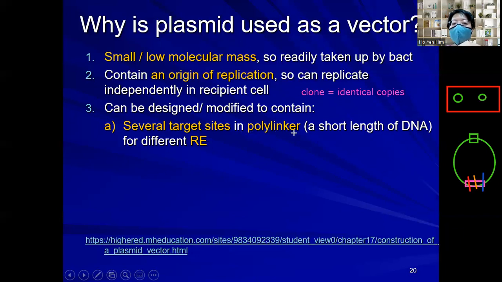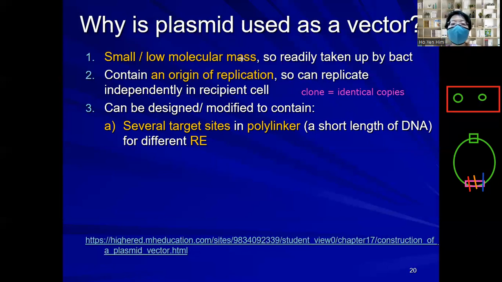Now, linker DNA stands for DNA that is non-coding. Non-coding means got gene or no gene? No gene, right? Okay, so non-coding means they don't have a gene. But in this case, they have target sites for restriction enzymes. So after I add in the polylinker, I can decide to cut this DNA using the restriction enzyme.